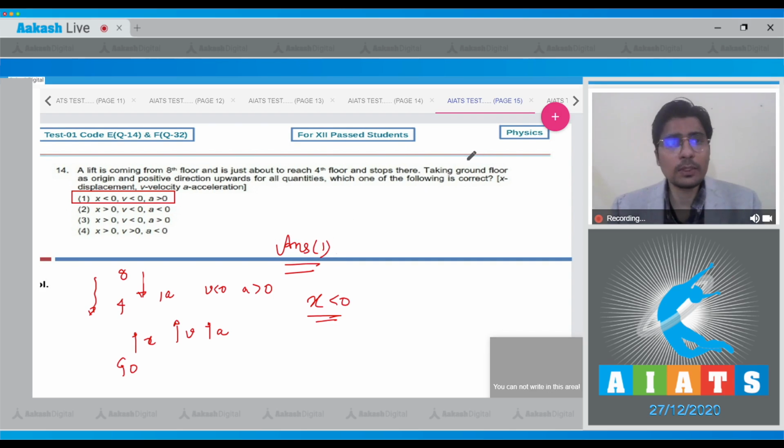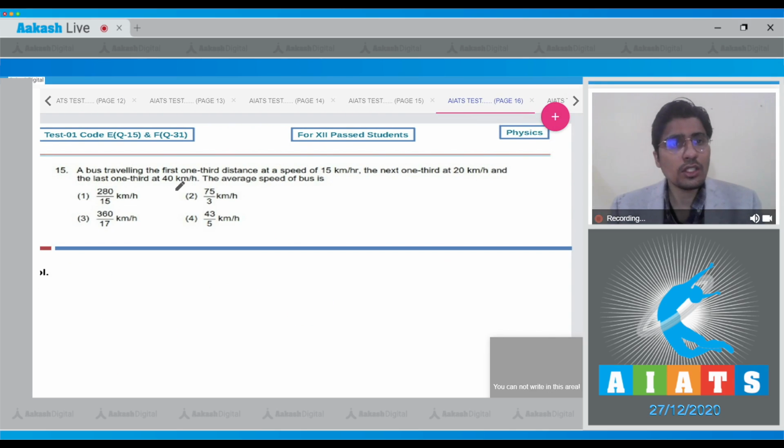Now let us move to question number 15. In this question, a bus travels 1/3 of the distance at a speed of 15 km per hour, the next 1/3 at 20 km per hour, and the last 1/3 at 40 km per hour. We have to find the average speed of the bus. Dear student, let the total distance be 3x. Then x distance is traveled at 15 km per hour, a further x at 20, and a further x at 40 km per hour. The average speed is the total distance, 3x, divided by the total time.